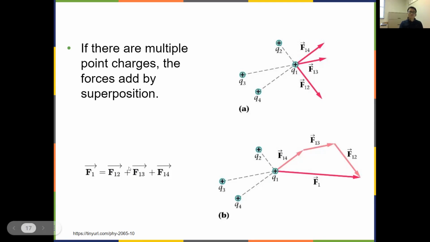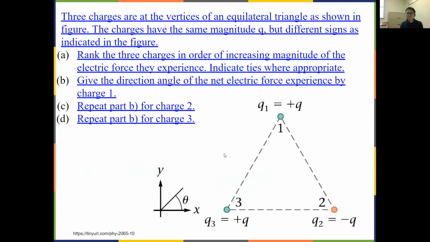So follow the rules for vector addition, okay? Graphically, you just put the second vector's tail on the head of the first, and then the third one's tail on the head of the second one. Okay, so the resultant will be from the tail of the first one pointing to the head of the third one. So this is the resultant force on the first charge, called F1.